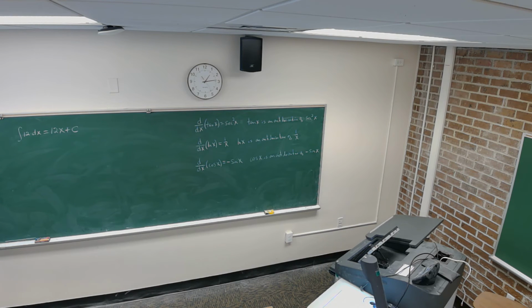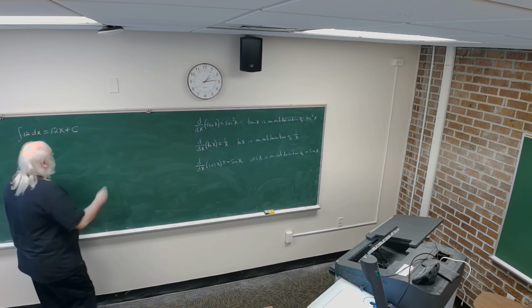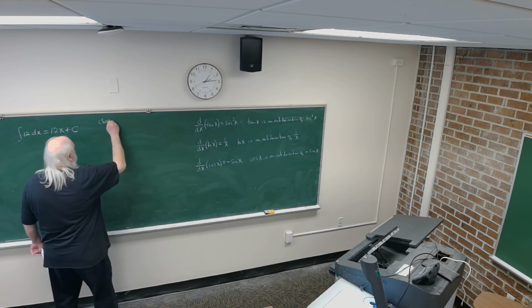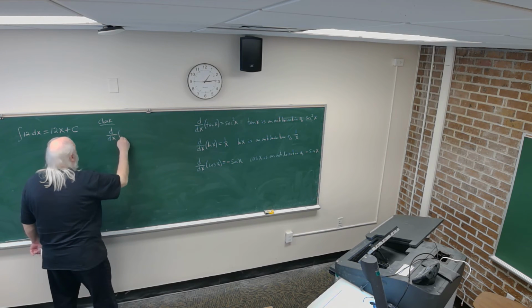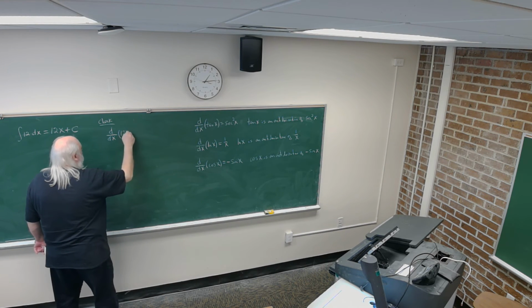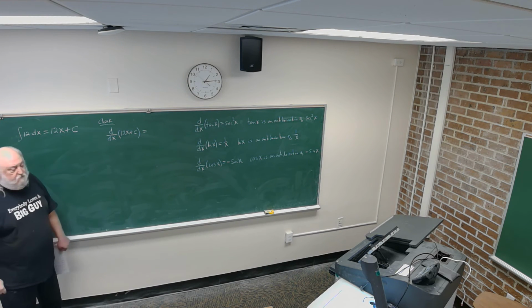Now, how do you think we check to see if we got the right antiderivative or not? Take the derivative of the antiderivative, the right hand side. So when you do your check, differentiate the right hand side using the rules of differentiation.